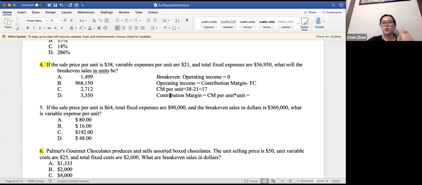So for 1 unit that we sell, we have a contribution margin of 17. And then how many units do we sell? We don't know. So there's an X, okay? And we want contribution margin to be equal to our fixed expenses, which is 56,950.